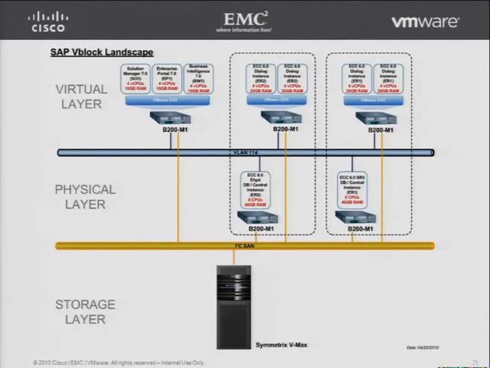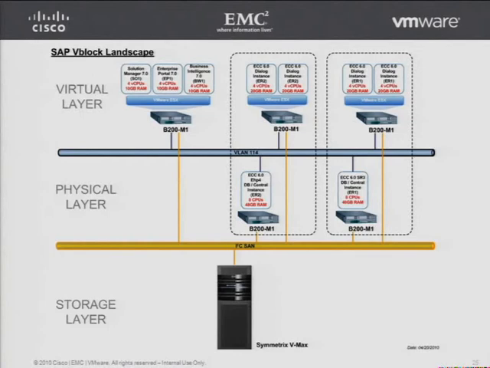Then we have two different flavors of SAP ECC 6 system. One is the Enhancement Pack 4, where we use it for running SD benchmarking purposes, and the other one is the ERP SR3 for demoing purposes. Now, the ECC database, as you can see, sitting on the physical layer, is actually on native, right?